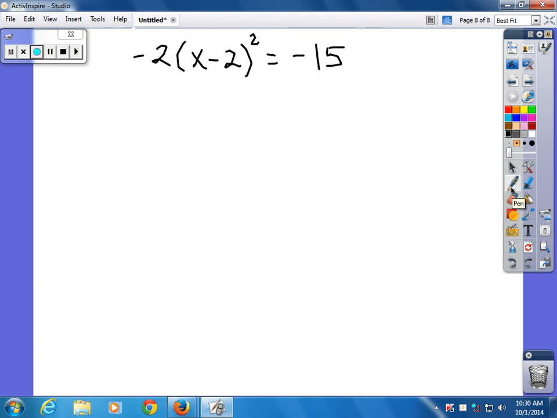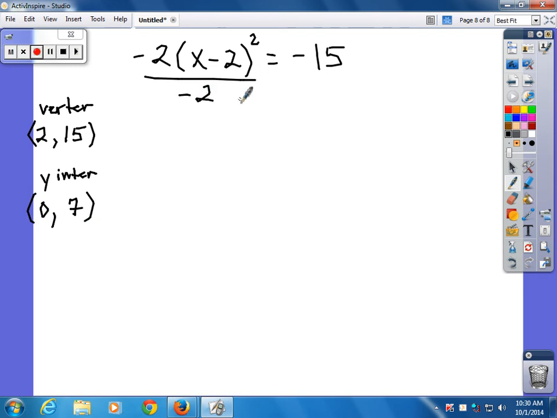And our vertex is positive 2 and what? 15. There's our vertex. What was our y-intercept? So I'll write it down. Y-intercept 0, positive 7.